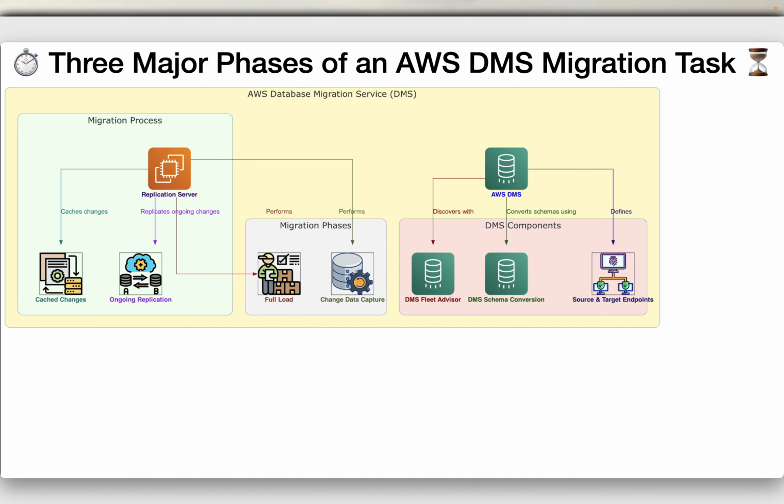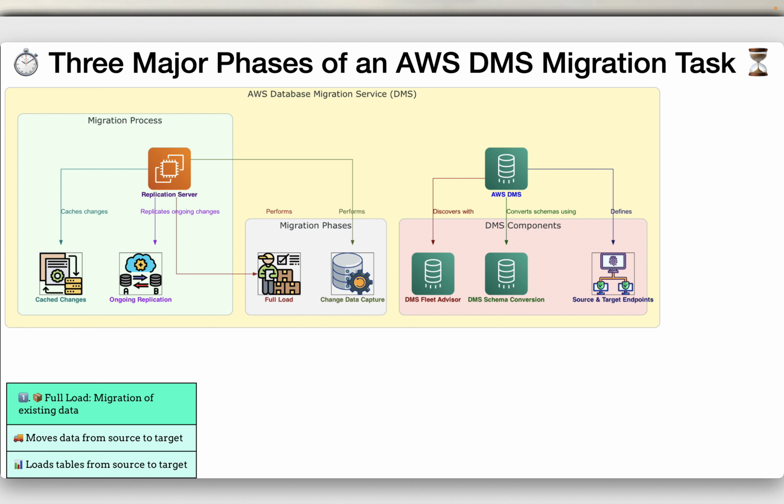So, three major phases of DMS migration tasks. The first phase is full load, which is migration of existing data. During this phase, existing data from the source data store is moved to the target data store, and DMS loads data from tables on the source to tables on the target.